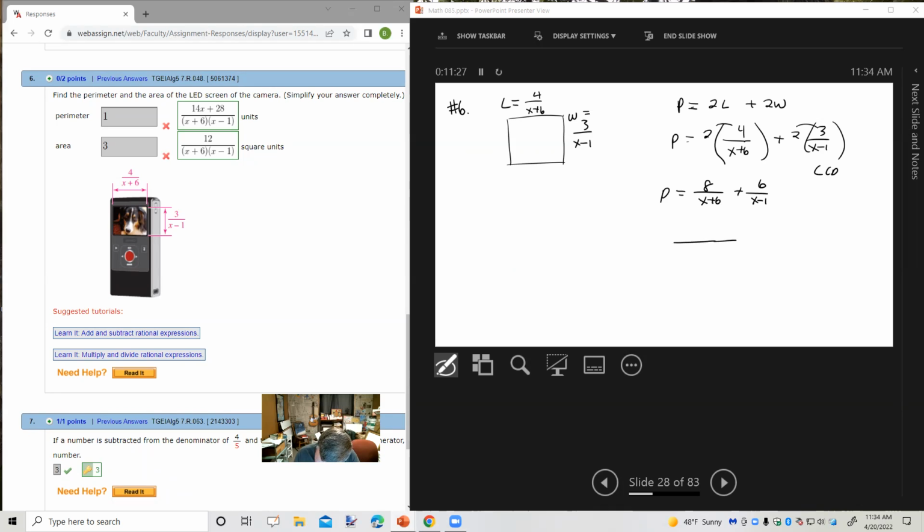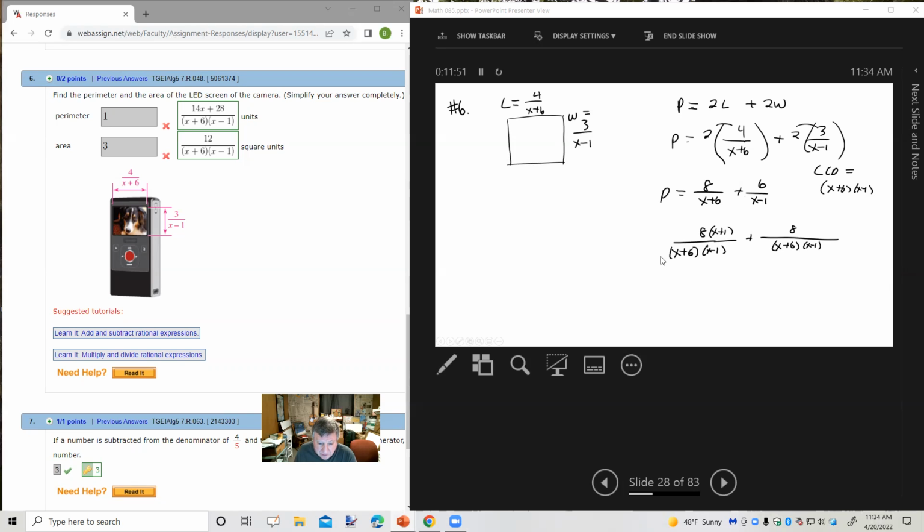So the LCD is what? x plus 6 times x minus 1. So here I need what, an x plus 1. Oh, that's x minus 1, my bad.